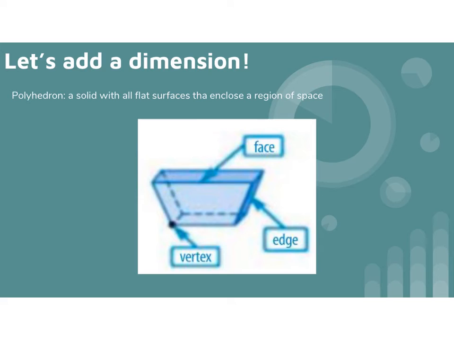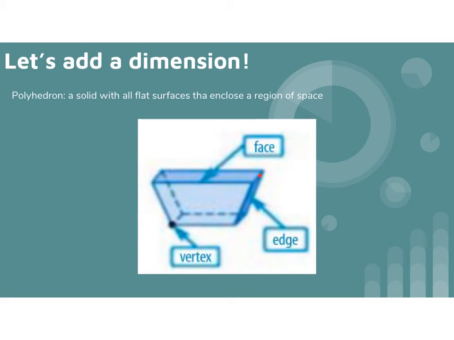Now, we are going to move into the world of 3 dimensions. So we're going to add a dimension. We're going to talk about polyhedrons. A polyhedron is a solid with all flat surfaces that encloses a region or space. You will notice that the flat surfaces are called the face. They make up a plane.